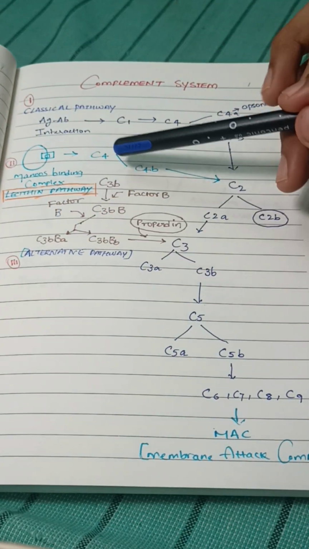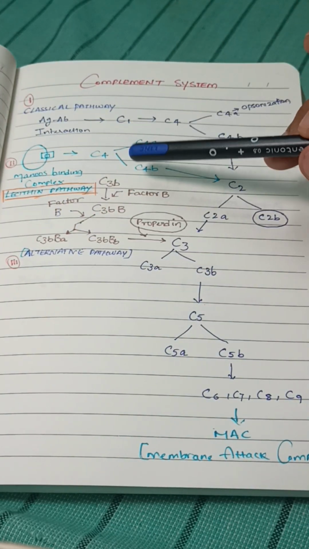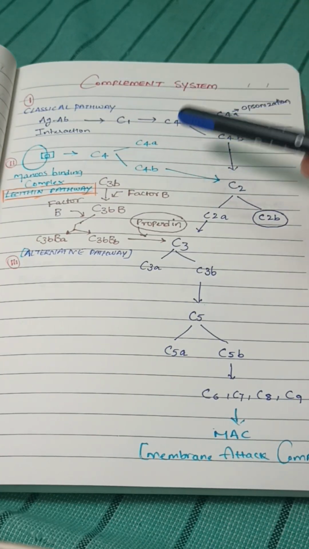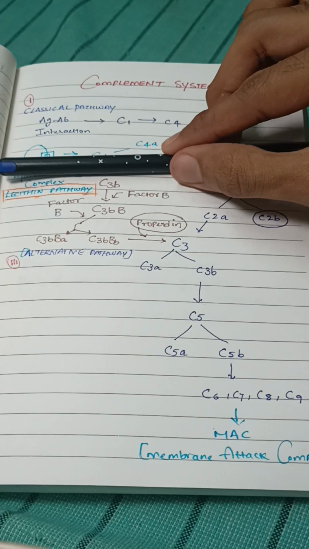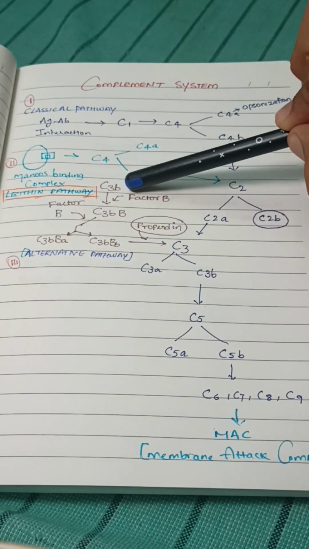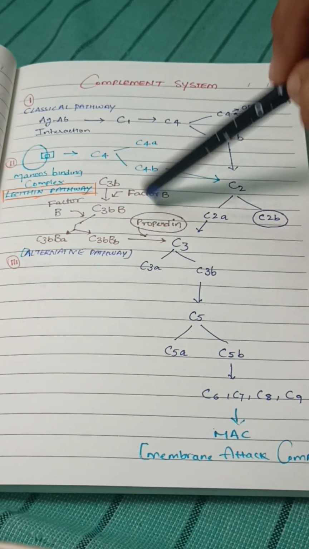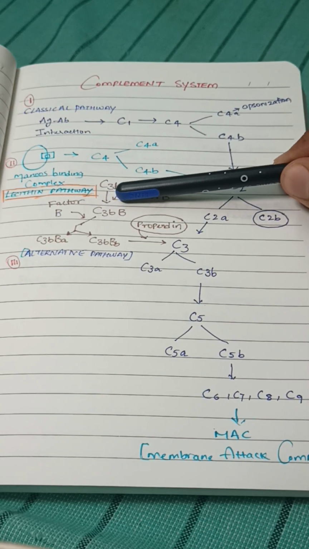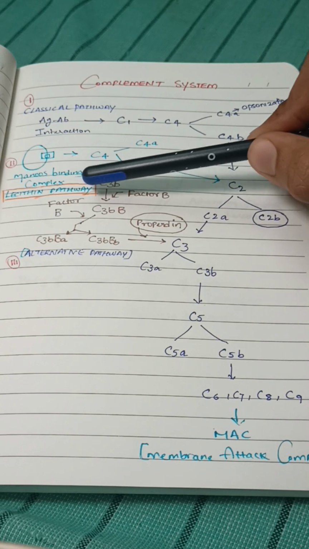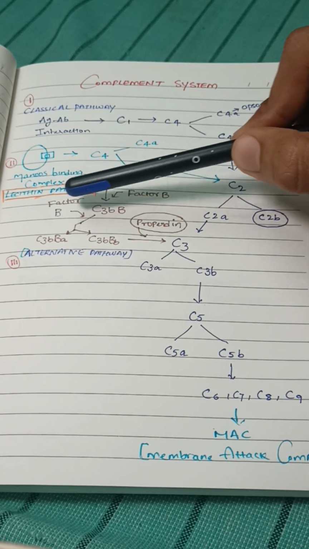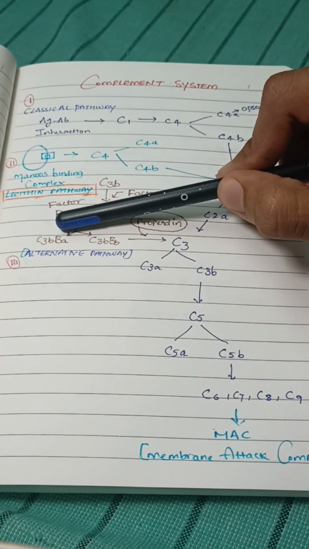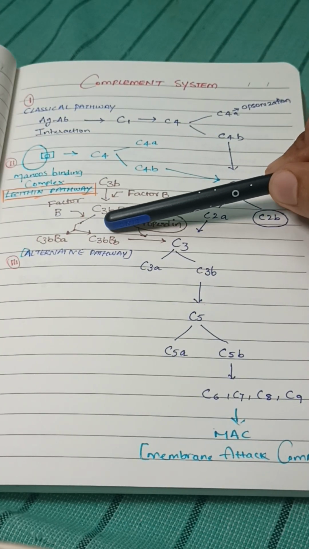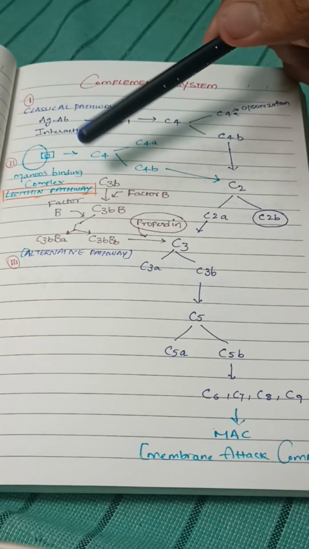In the alternative pathway, this is slightly different, where there is initially no C1, C2 and so on. First it starts with C3b, which acts upon factor B and divides it into Ba and Bb.